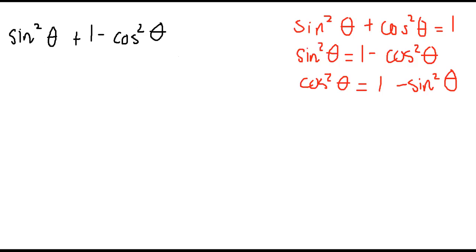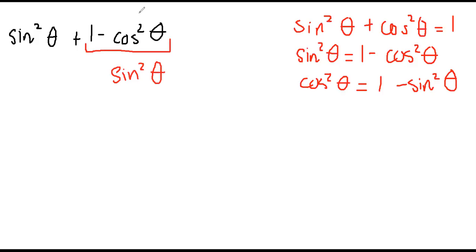Okay, so in this one, I'll use the second identity to substitute into the expression. Right here we have 1 minus cosine squared of theta, which is equal to sine squared of theta. So I'll go ahead and write this as sine squared of theta.